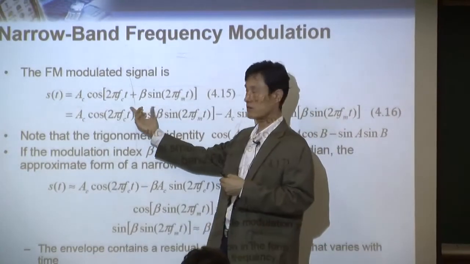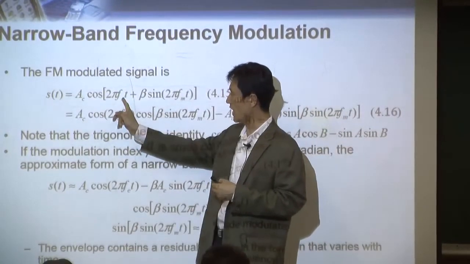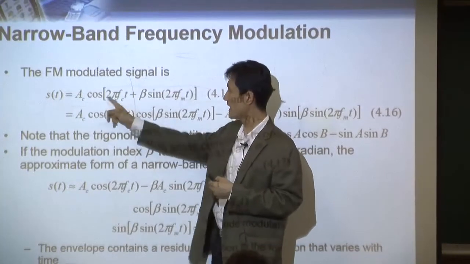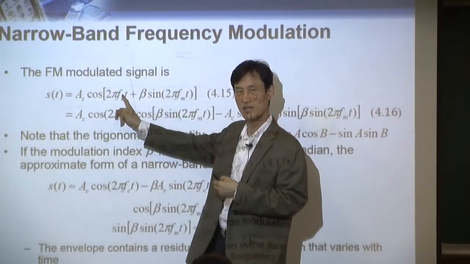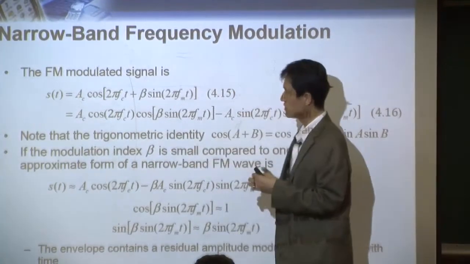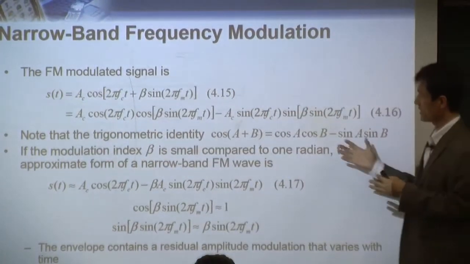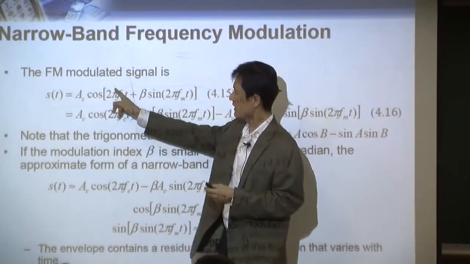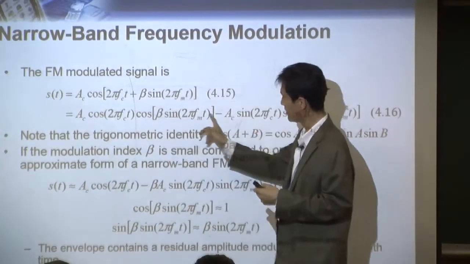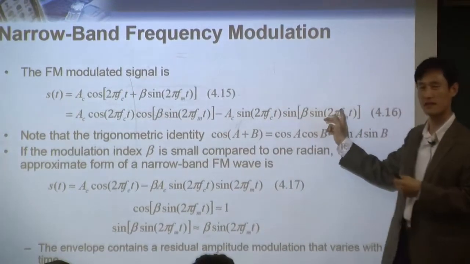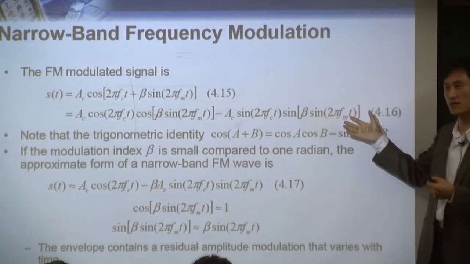Now when you look at here, what you can see now is cosine of some a plus b. Something like that, right? Cosine a plus b. So using the trigonometric identity, cosine a plus b equals cosine a cosine b minus sine a sine b. That's another identity.